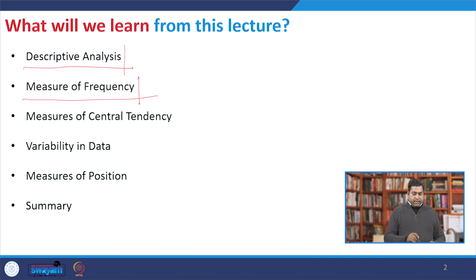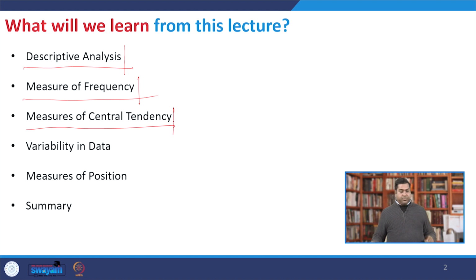Or else, we also need to understand the measures of central tendency. Central tendency means what kind of average value we are looking for, the average value for the entire data set, that we can get from these measures of central tendency.